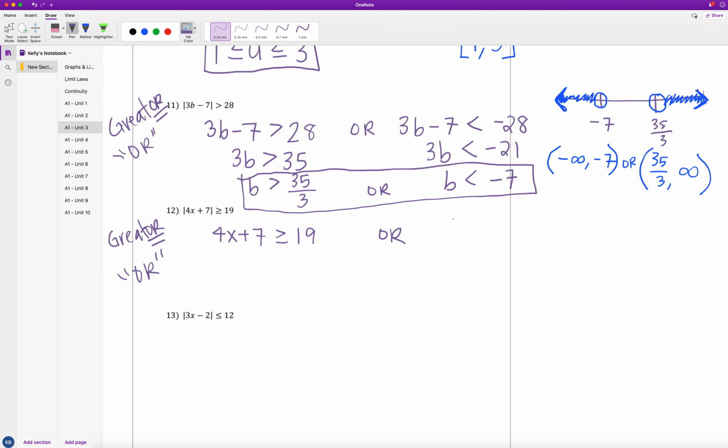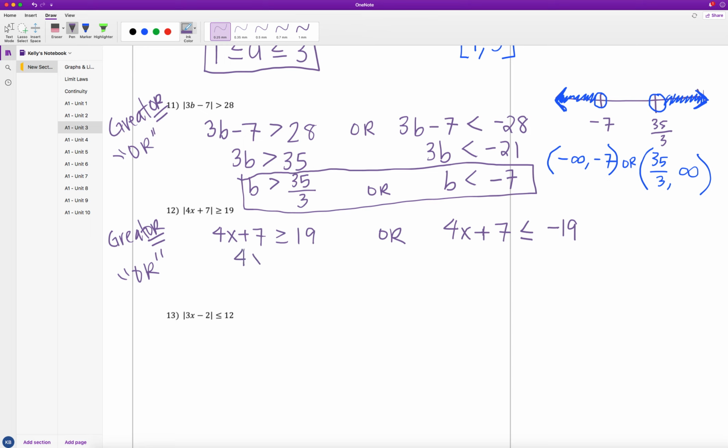Or in the second one, we drop the absolute values, and then because we multiplied 19 by a negative, we have to flip the inequality sign. So we get 4x plus 7 is greater than or equal to 19, or 4x plus 7 is less than or equal to -19.